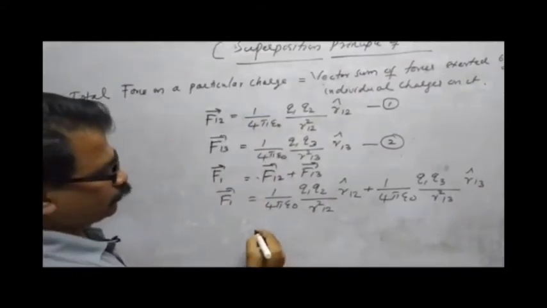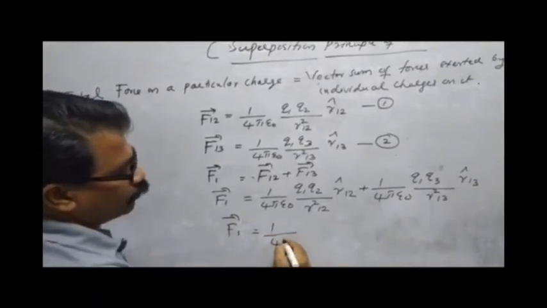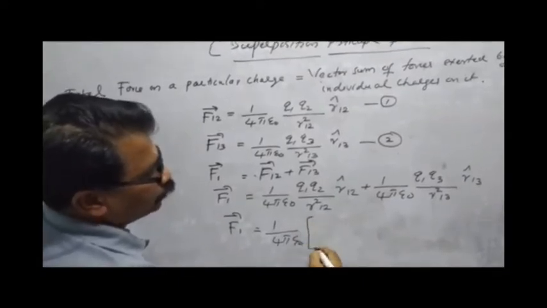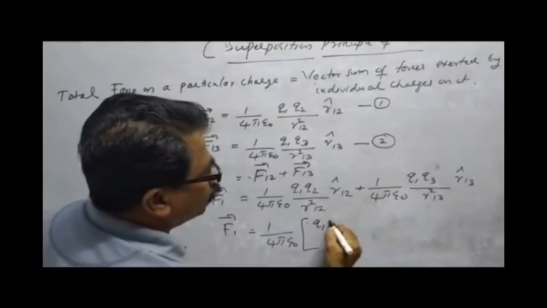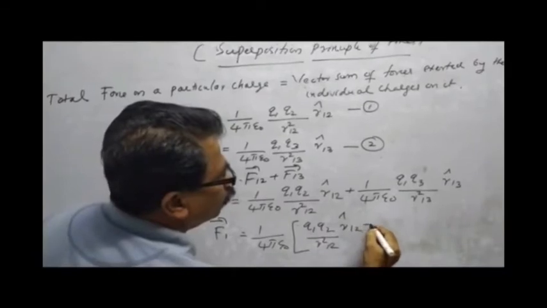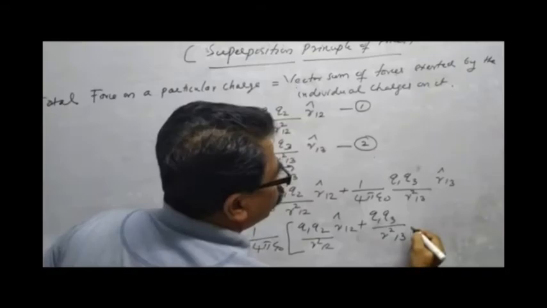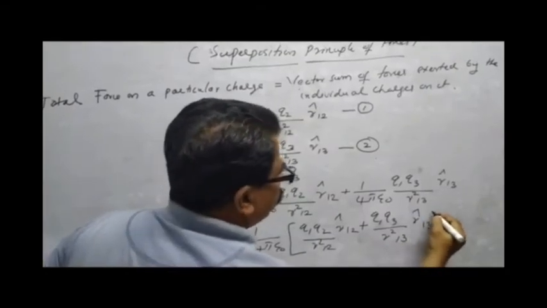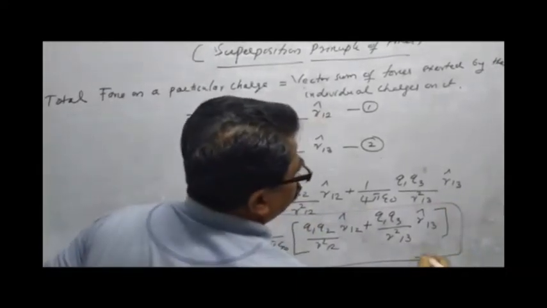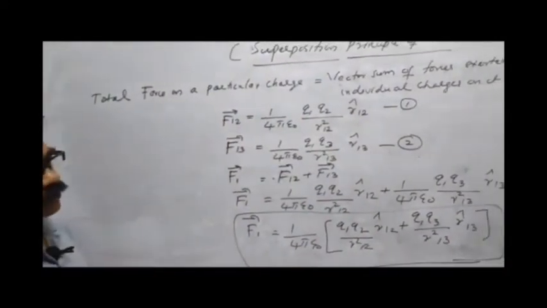So you take one factor, that is F1 equal to 1 by 4 pi epsilon 0 into Q1 Q2 by R square 12 cap R12 plus Q1 Q3 by R square 13 cap R13. Okay. So this is the total force on a particular charge Q1 by the principle of superposition of forces.